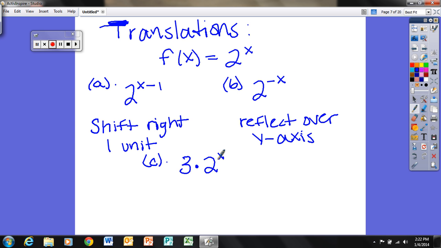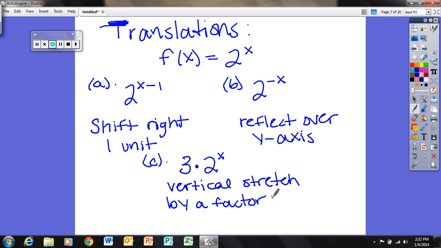We left it alone this time, and we actually changed the entire function. When we change the entire function, it's going to be a vertical change. So we're actually going to be stretching this vertically by a factor of 3. This is a vertical stretch by a factor of 3.